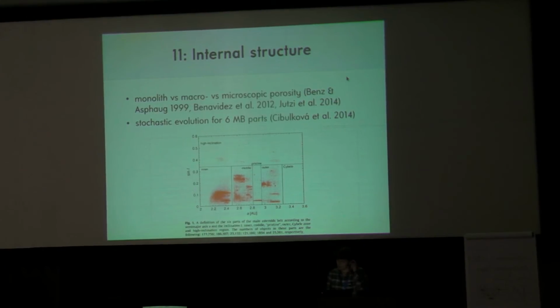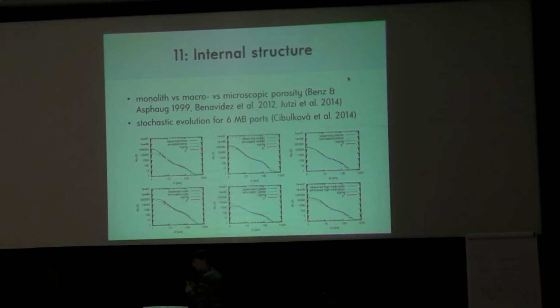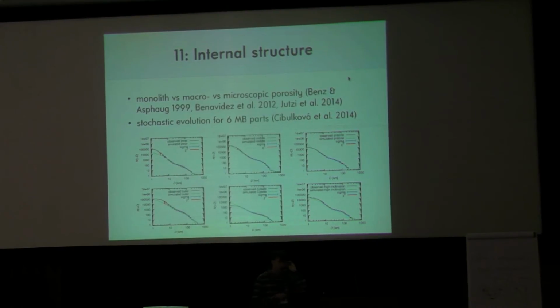We tried to address this in our paper, I think 2014. We constructed a model of the main belt, divided into 6 parts like this one, and we were able to fit both the size frequency distributions and the numbers of families in each of the 6 parts, even though the fits are not perfect.